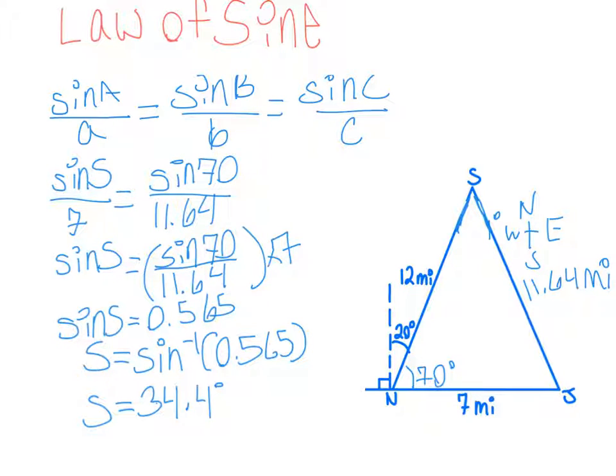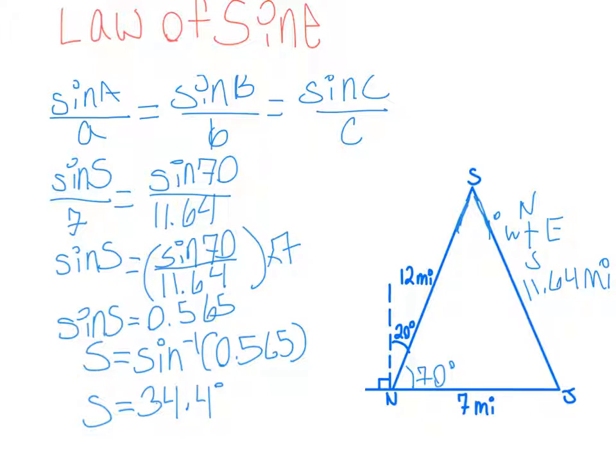To start out, we're going to take sine of angle S over 7 miles, which we have right here, and set that equal to the sine of angle 70 over 11.64, which we see right here.